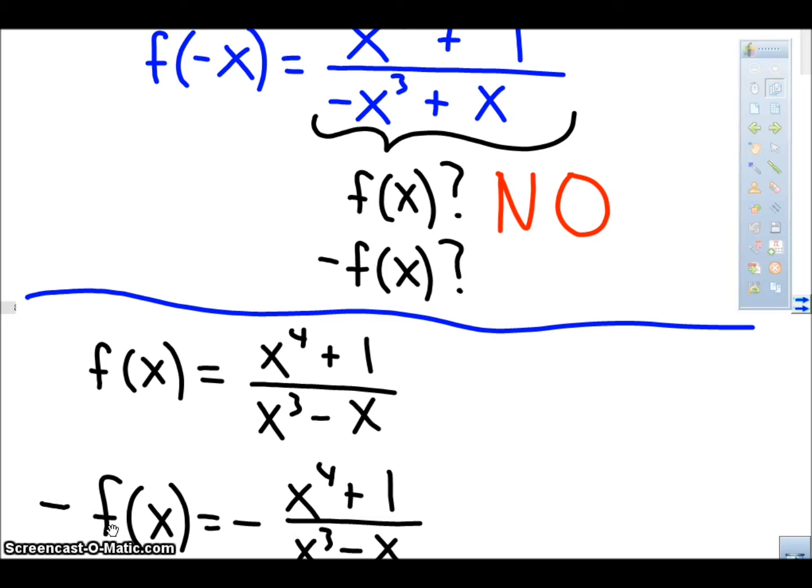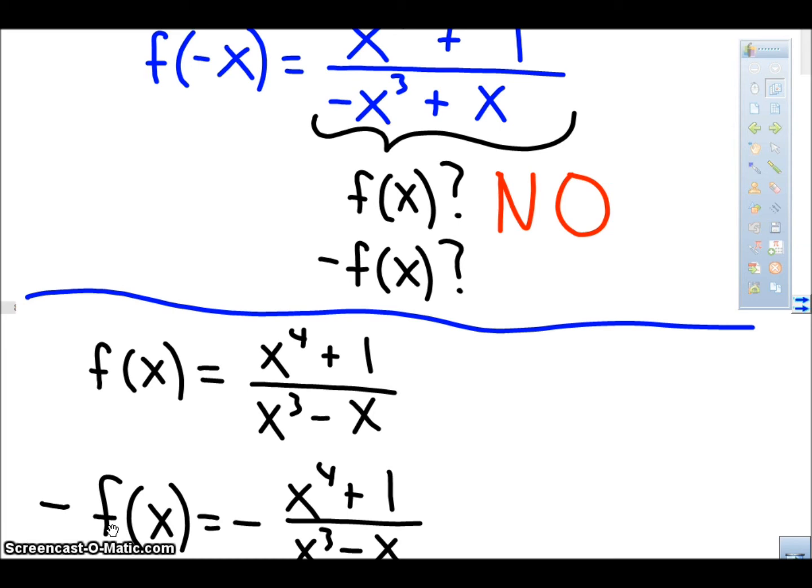I want to know what that's equal to. On the right-hand side, we get the negative of that fraction: the negative of x to the fourth power plus 1 over x to the third power minus x. We can decide what to do with that negative sign. We can either apply it to the numerator or apply it to the denominator.